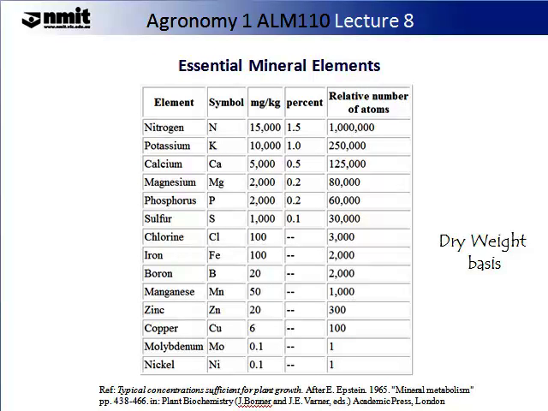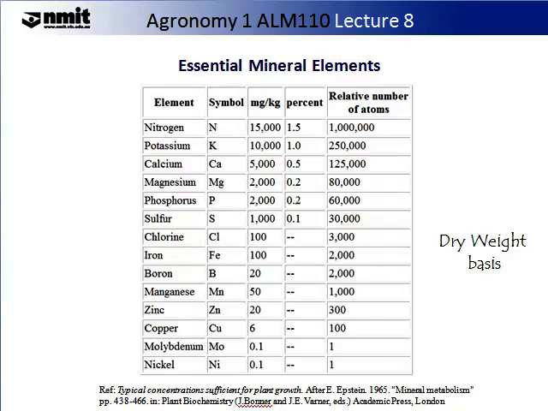Plant concentrations of essential elements may exceed the critical concentrations, the minimal concentrations required for growth, and may vary somewhat from species to species. Nevertheless, the table on the screen shows the general requirements for plants. This data is based on dry weight.